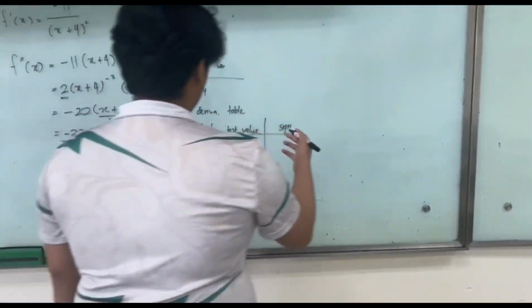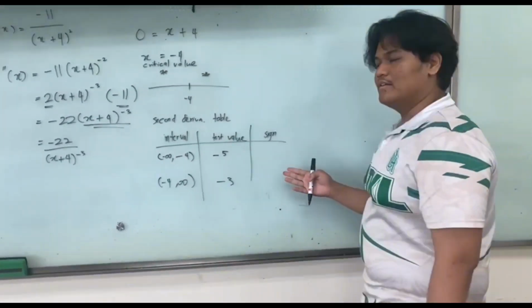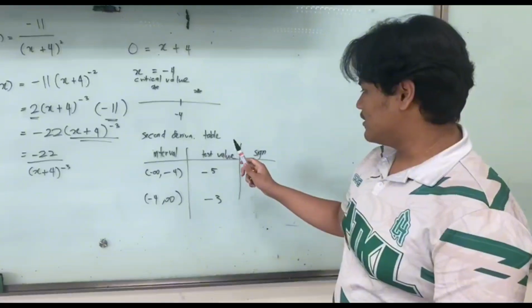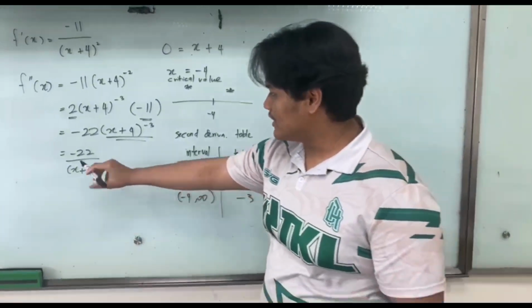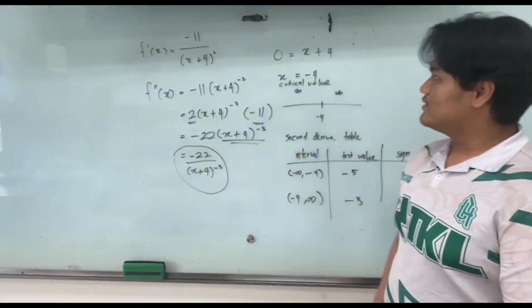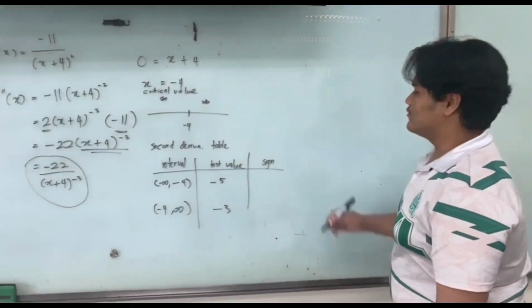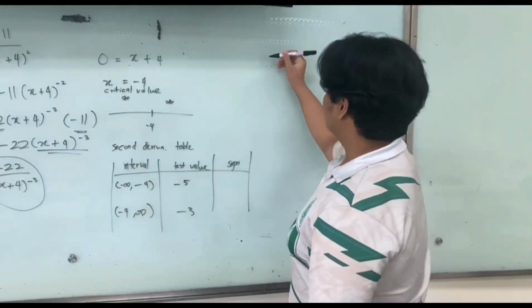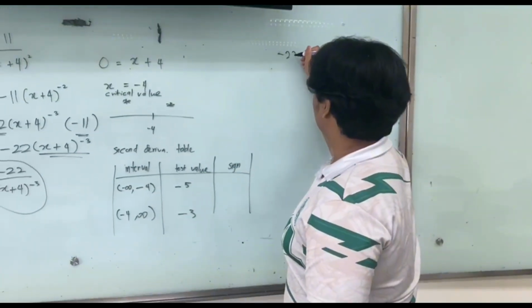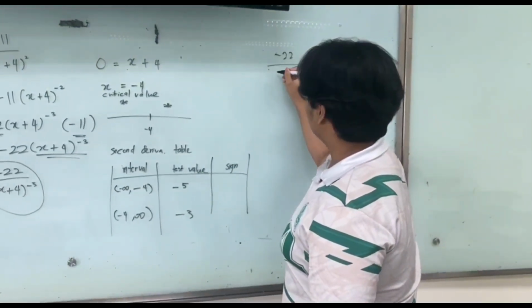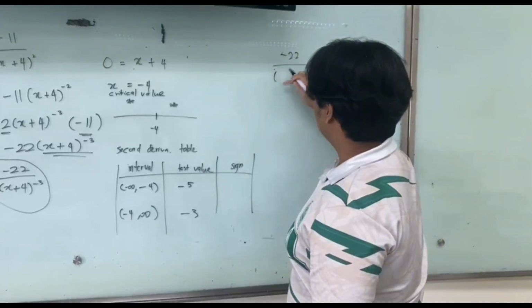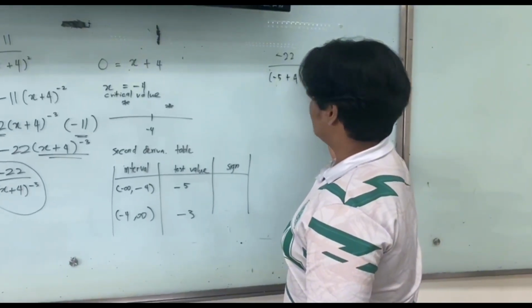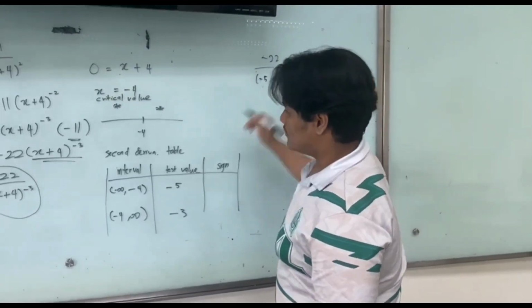Then to find the sign, you must enter the test value into the second derivative, the same way as the first derivative. Negative 22 over (negative 5 plus 4) to the power of 3.